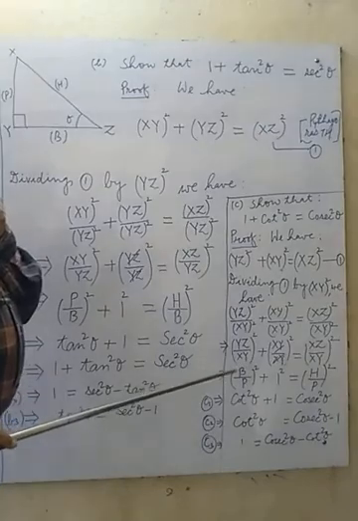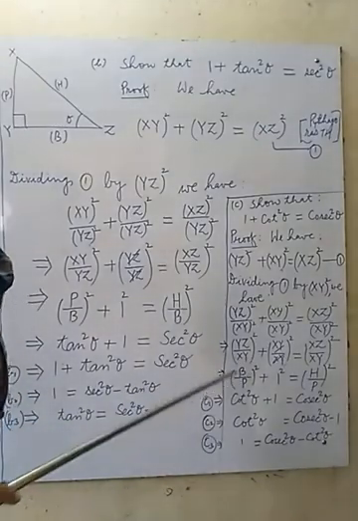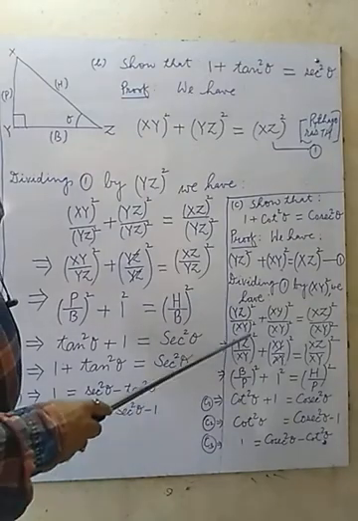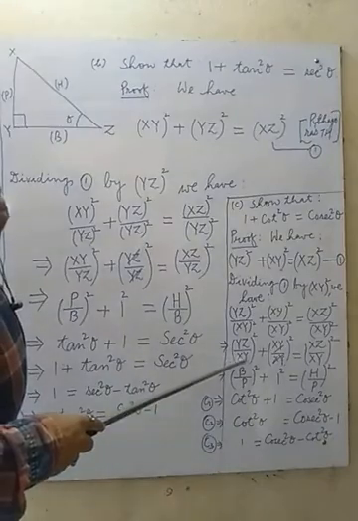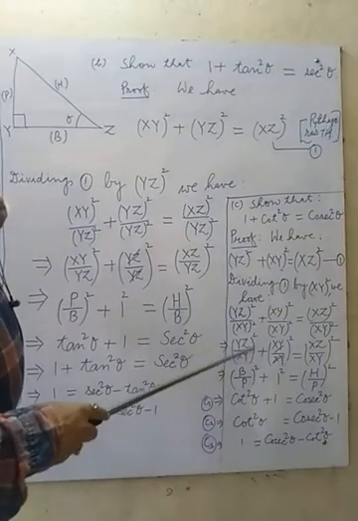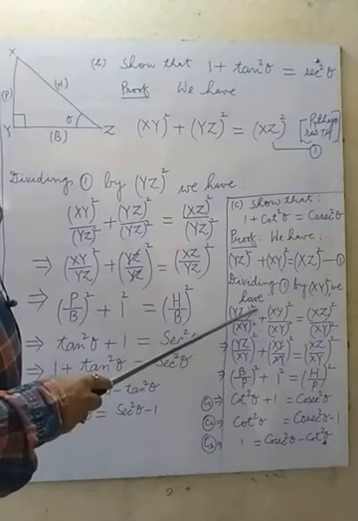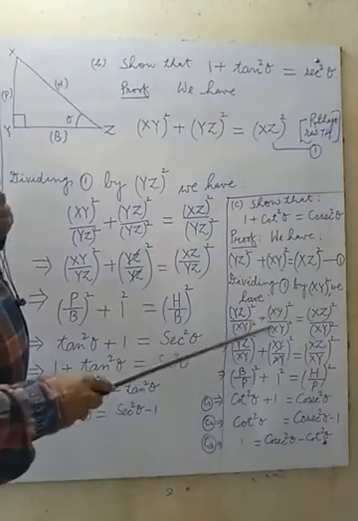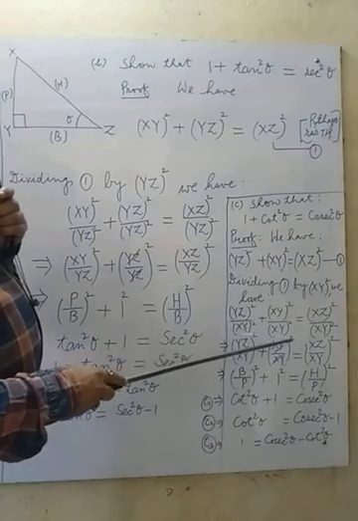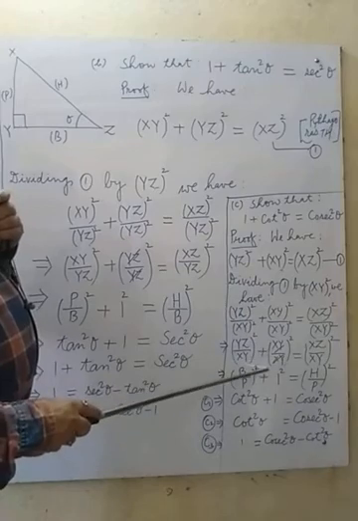Means the bracket will be common and the power will also be common. So what will be there? Common bracket, and this will become xz upon xy, whole to the power 2, which is the common power. Here also we can apply common power 2 and a single common bracket.